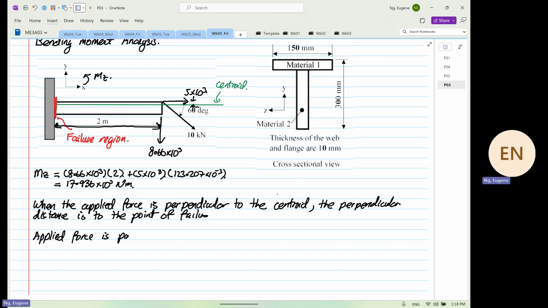However, when the applied force is parallel to the what? To the centroid, okay? The perpendicular distance is to the what?